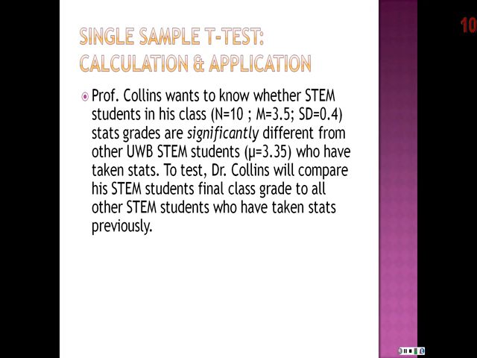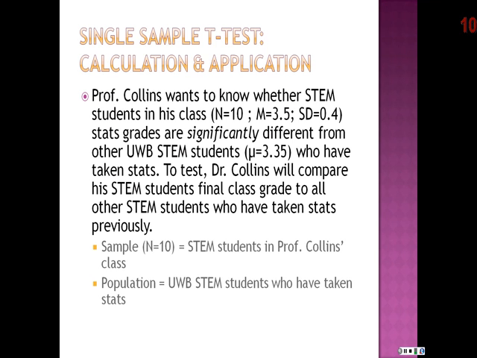To test this, Dr. Collins will compare his STEM students' final grades to all other STEM students who have taken stats previously. So again, we have our sample and our population, but this is a non-directional hypothesis because all we're saying is significantly different. We're not saying better, we're not saying worse. We're just asking the question, are my STEM students different from other STEM students?